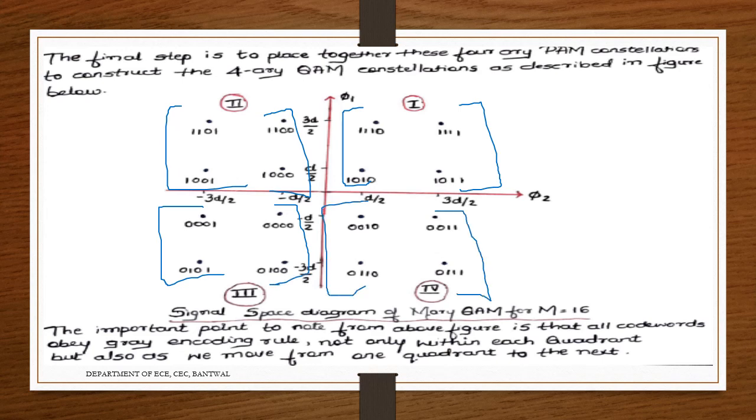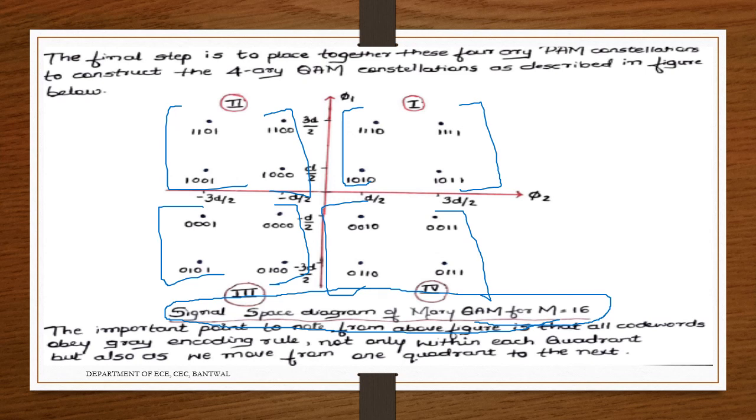But when we plot it for 4 QAM, we will get this M equals 16 signal space diagram, because 4 by 4 is nothing but 16. We are drawing the constellation diagram for 4 QAM, but when you plot it in all 4 quadrants, that time it is showing as a signal space diagram for M equals 16.